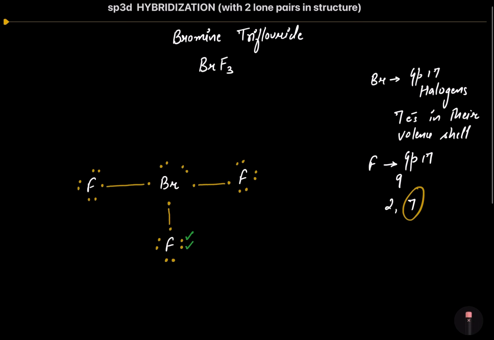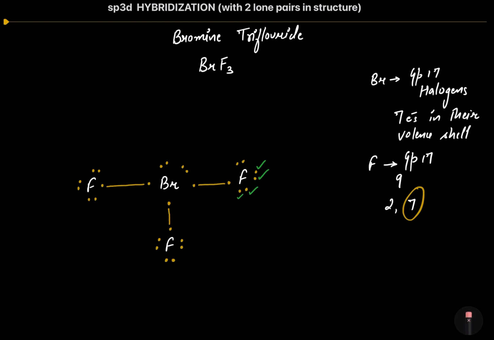Now let's count the number of valence electrons of the third fluorine also. That's the first electron, second electron, third, fourth, fifth, sixth, seventh, and finally the eighth. So the third fluorine has also attained octet, that is 8 electrons in its valence shell after the formation of 1 bond with bromine.